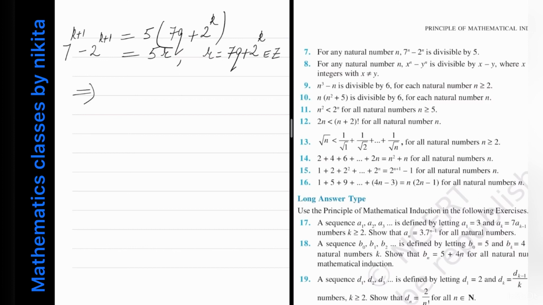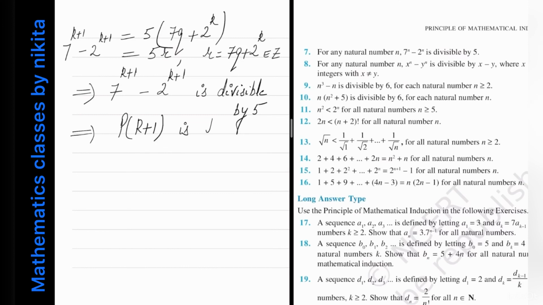So this implies what, ये 5 का multiple है, so therefore it is divisible by 5. So this number is divisible by 5. Okay, so this implies that the statement P of K plus 1 is true.